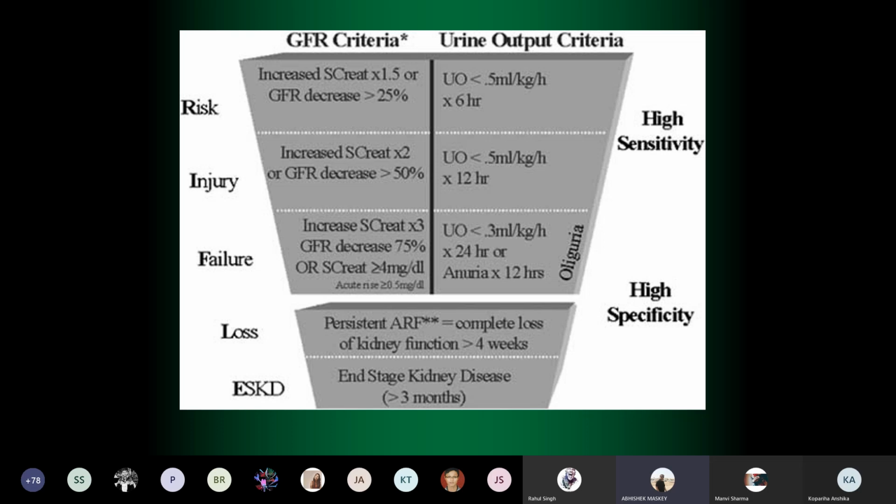Not only serum creatinine, we have urinary output criteria also to diagnose a patient of AKI, or acute kidney injury. Okay, you don't get so tense. There are so many things you have to study. I'm just trying to give you an overview of what we actually do with the patient. They might not ask you at your level, but just to give an introduction to what is AKI, which is very important in our nephrology field.